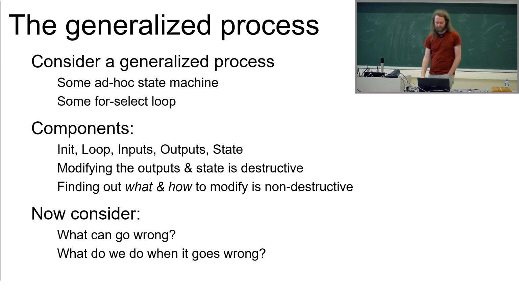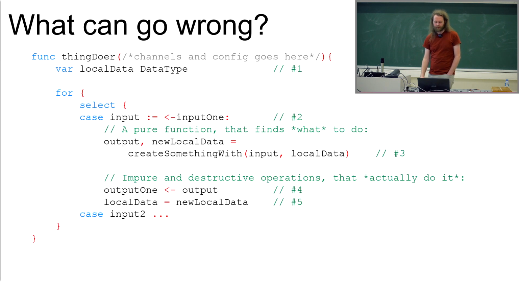Okay, so keep this in mind and have a look at this code. And hopefully it is of a font that is readable enough at the back. So on number 1, we do some initialization. So we're setting up some local data in some initial state. In number 2, we're receiving on a channel, or we're just receiving a message if we're not in a channel-oriented program.